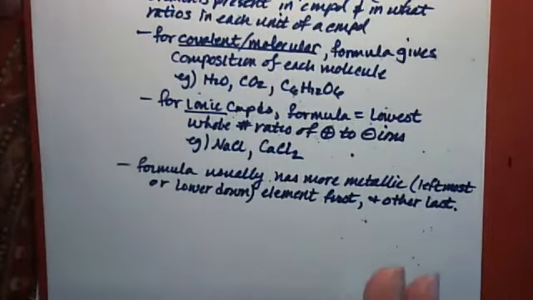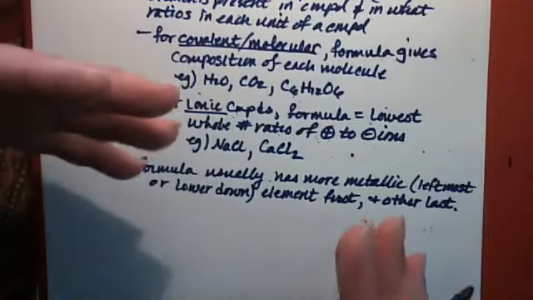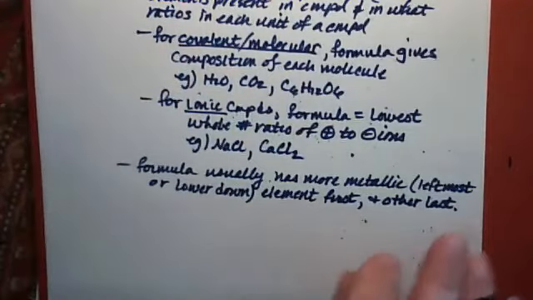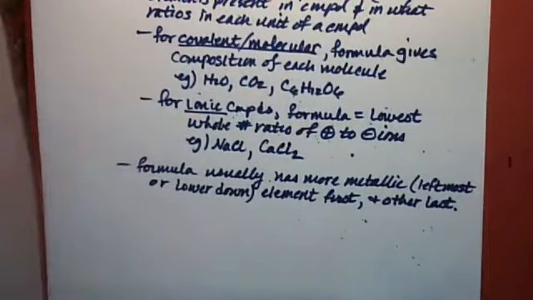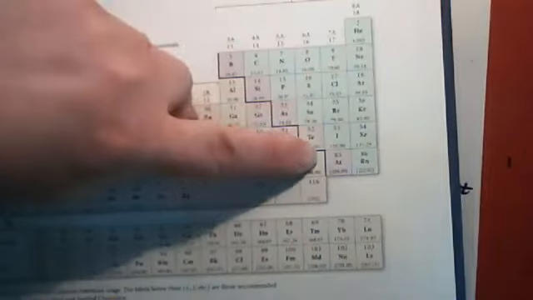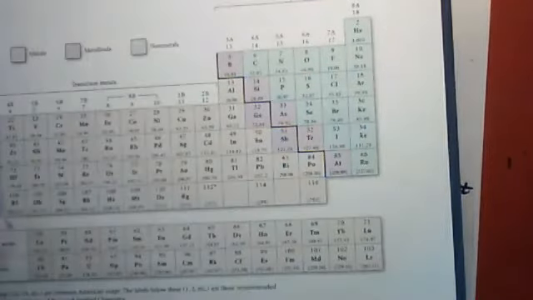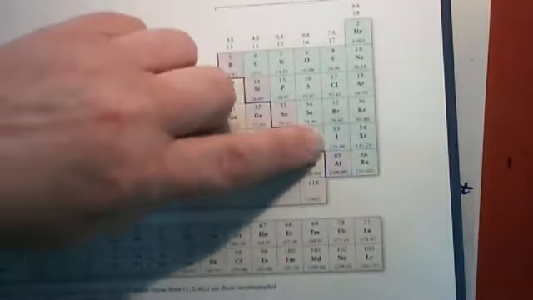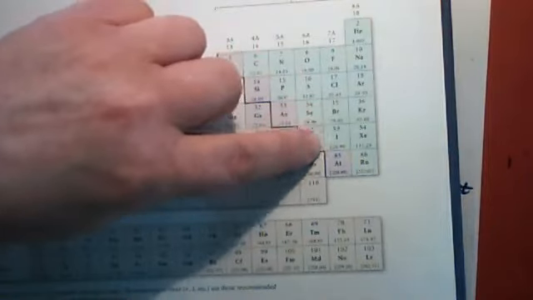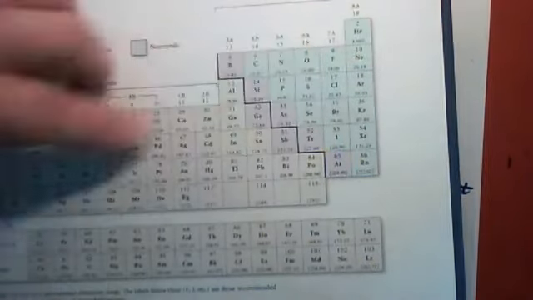And more metallic, of course, is a comparative term, so it's possible to compare nonmetals for metallic character. If you look down group 7A, where we have fluorine, chlorine, bromine, and iodine, those are all nonmetals. But looking down the list, the ones toward the bottom are more metallic and therefore less non-metallic than the ones at the top.